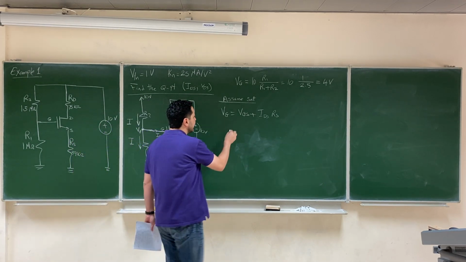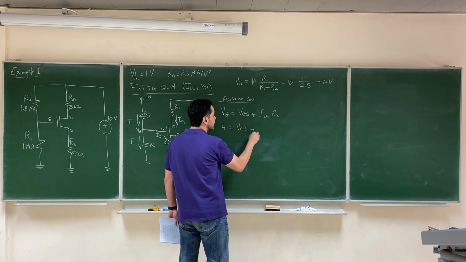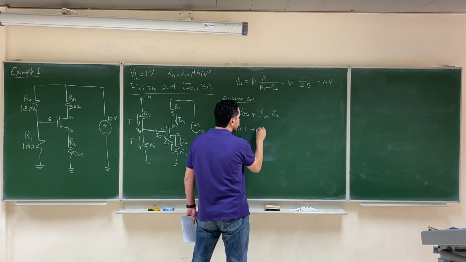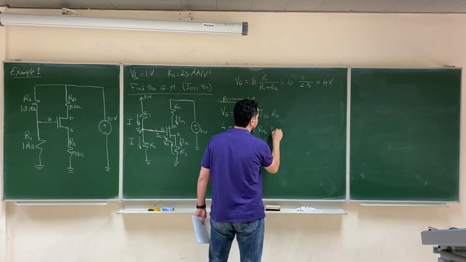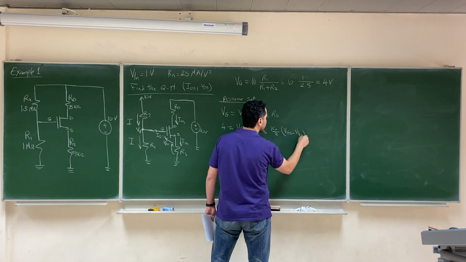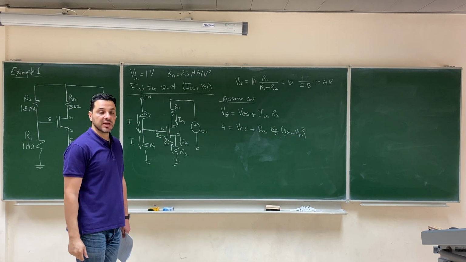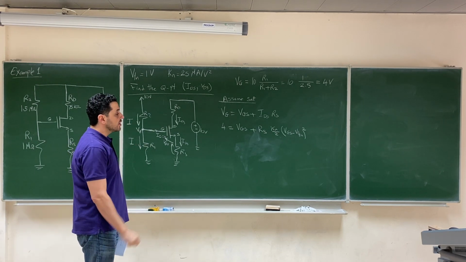So we can say that VG equals 4 equals VGS plus IDS RS, where IDS can be written as Kn over 2 times (VGS minus V threshold) squared. So by replacing IDS in terms of VGS, we have an equation in VGS.